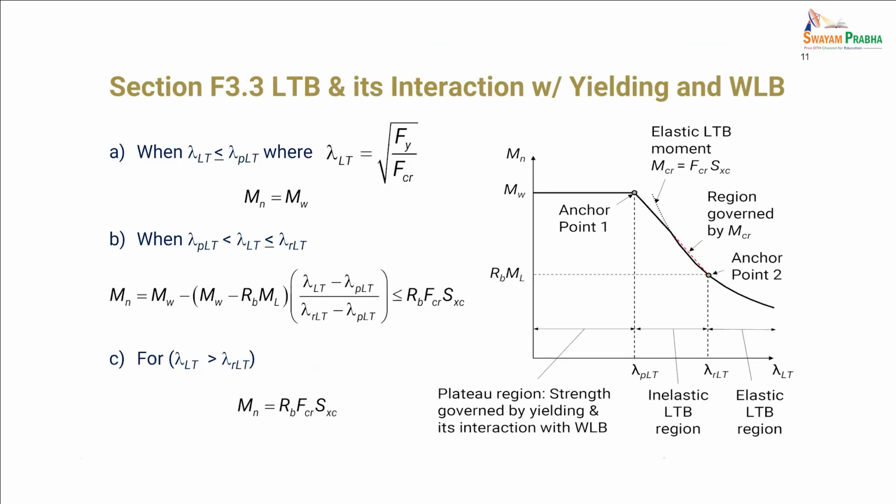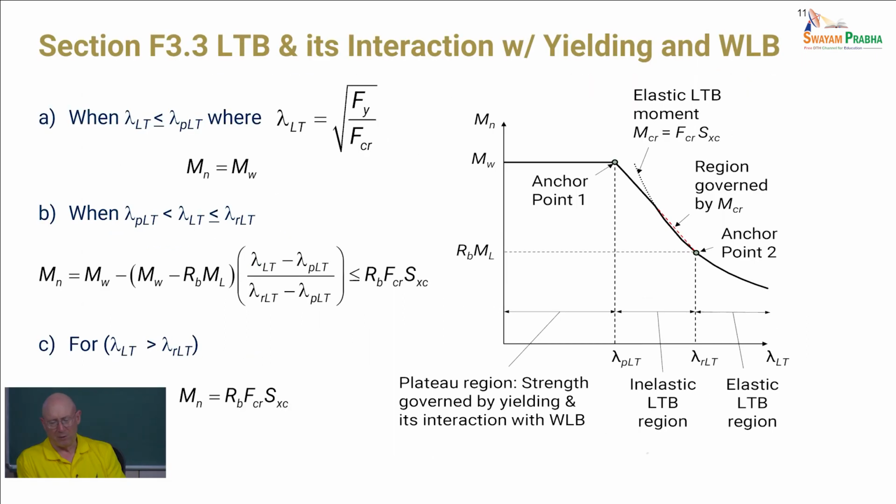For the lateral torsional buckling, there's some fairly significant changes. We're moving in the direction of using a non-dimensional slenderness that would be square root of Fy over F critical. And so if the non-dimensional slenderness is less than the limit lambda p LT, so we'll look at how we can write that here in a minute, we reach the plateau strength.